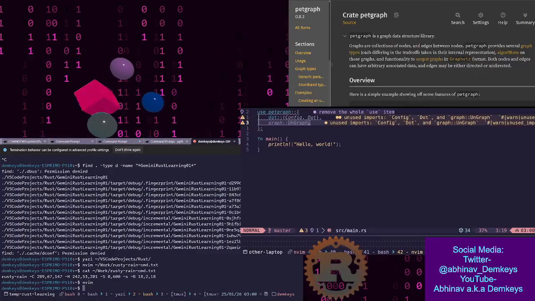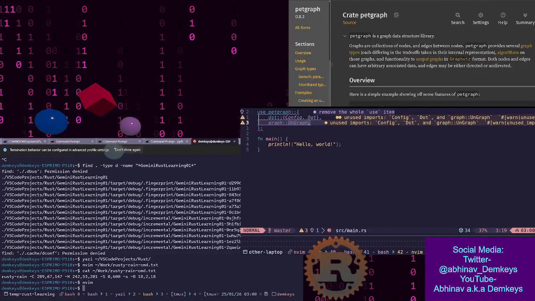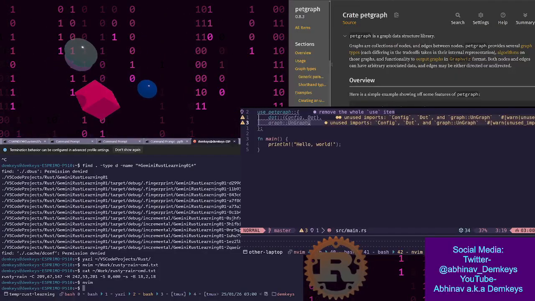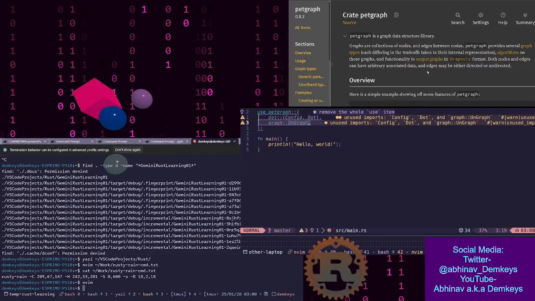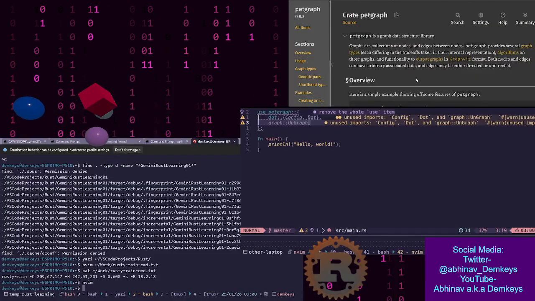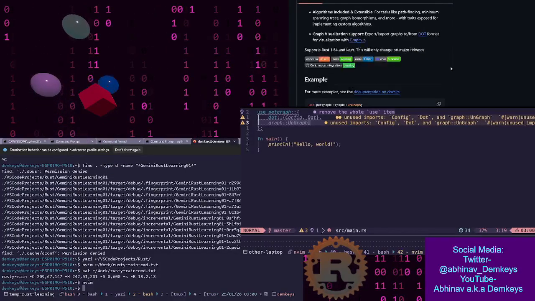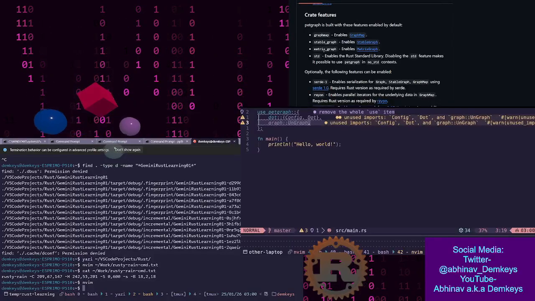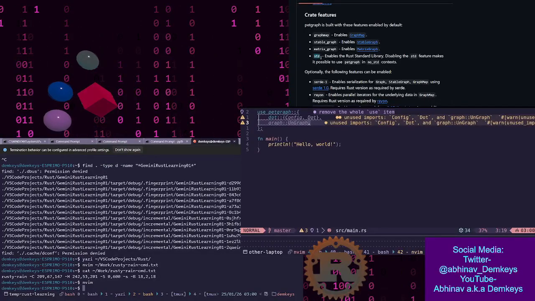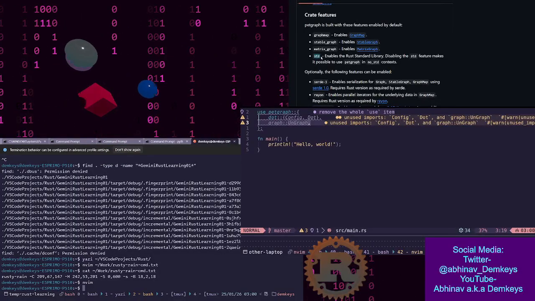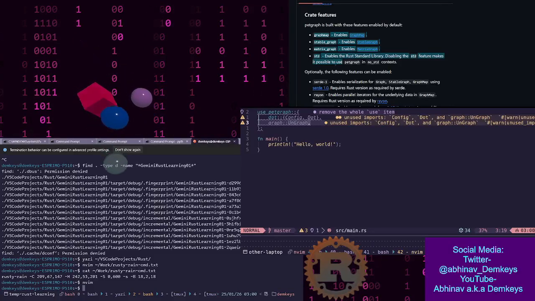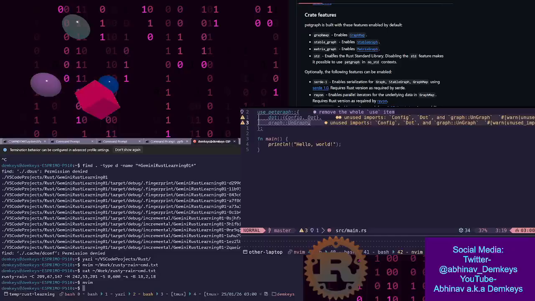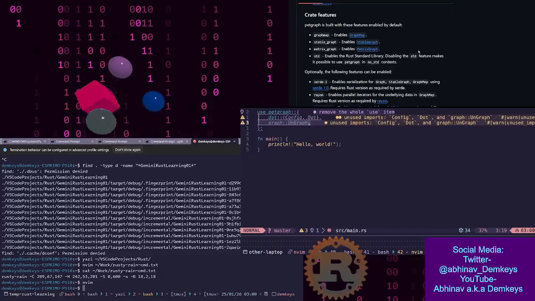One bonus here, by the way, is probably another huge plus point for me. Under crate features, it mentions STD. By default, these features are enabled, and STD is enabled by default. This enables the Rust standard library.